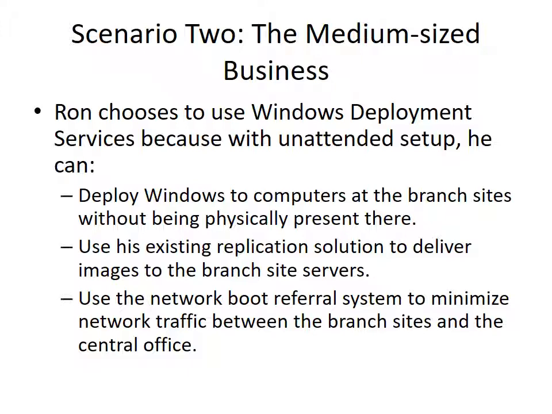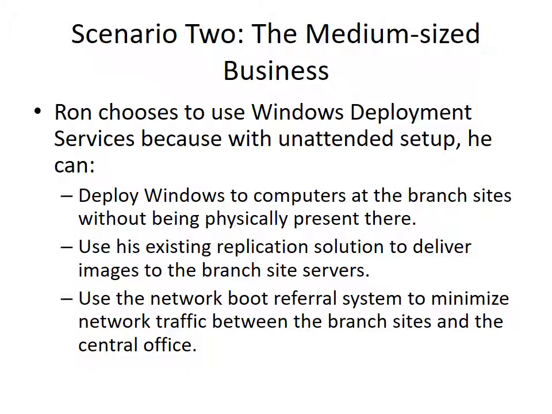Basically, since he has one DHCP server at his main office, his clients ask that DHCP server where the WDS server is. The WDS server responds with the one in the main office.